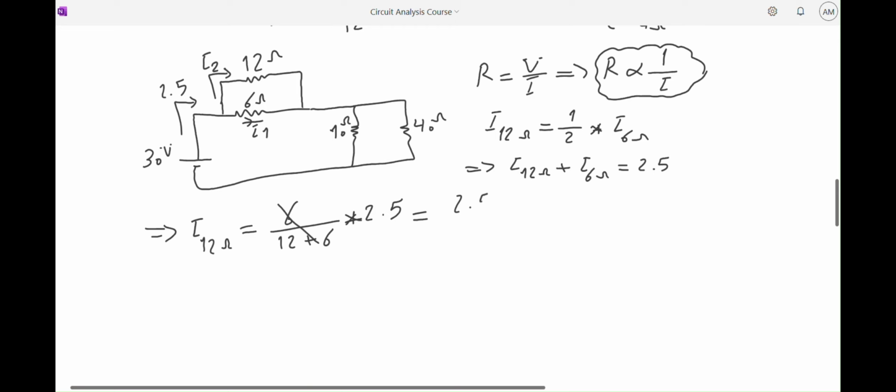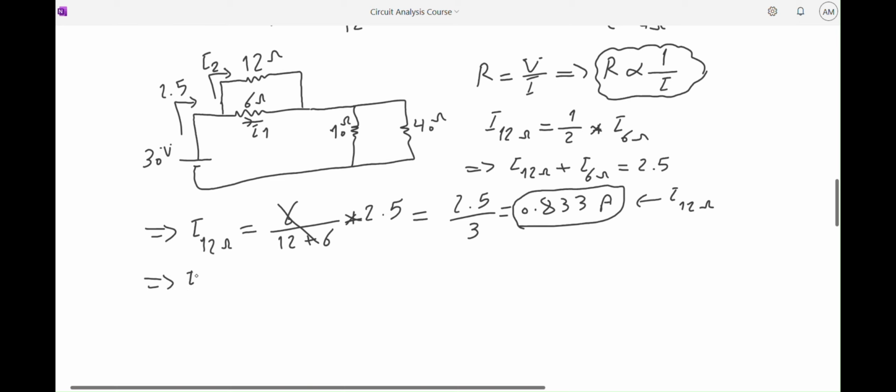So the answer is 2.5 over 3 or 0.83. That's the current of 12 ohm.